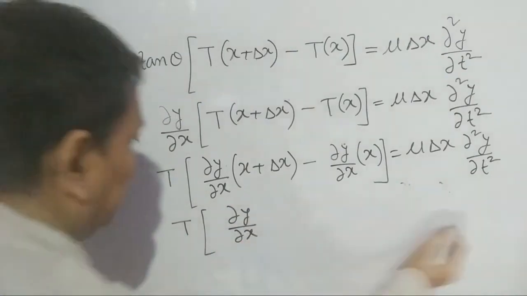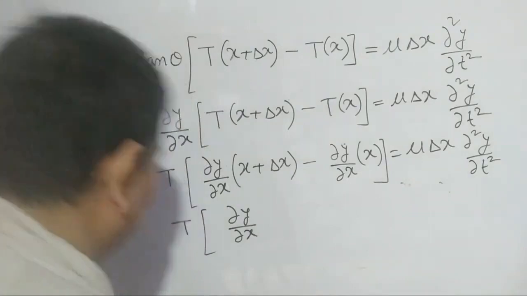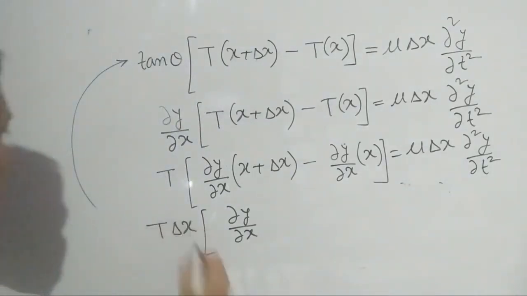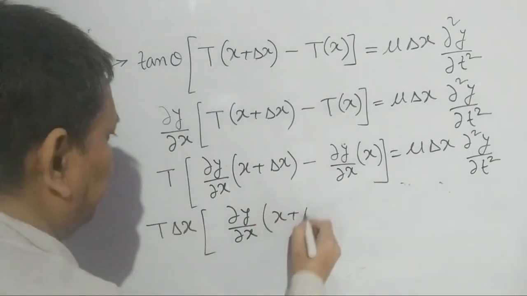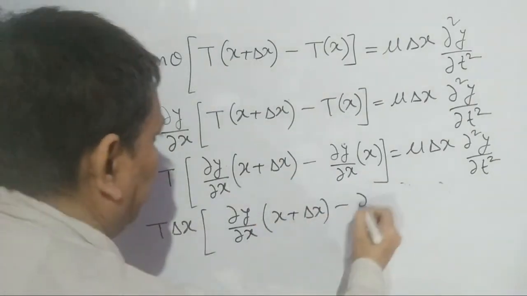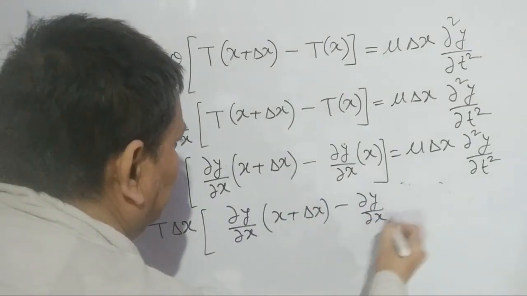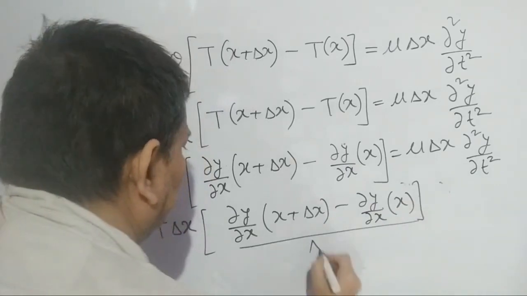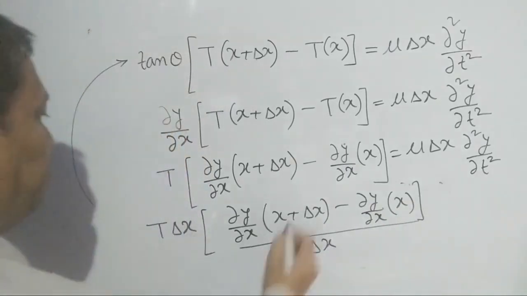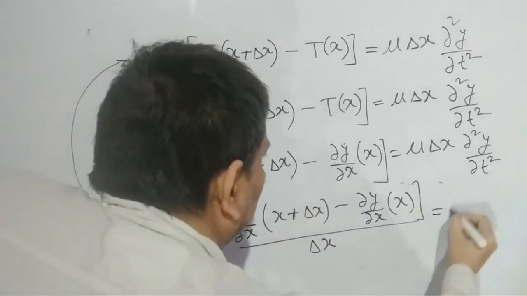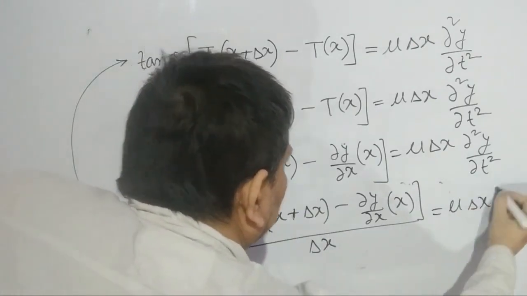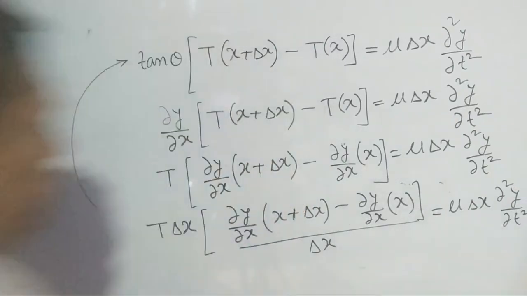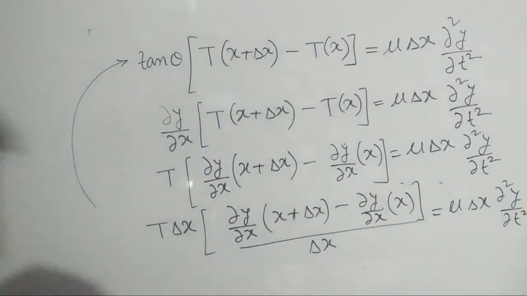We do not have a divided by delta x here, so let us multiply a delta x here, and we can write this x plus delta x minus at a distance x divided by delta x. Now we have multiplied with delta x, so no problem. So this is equal to mu delta x and del square y by del t square. Okay.